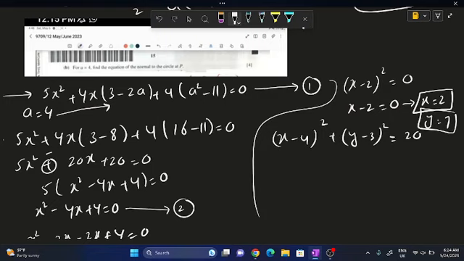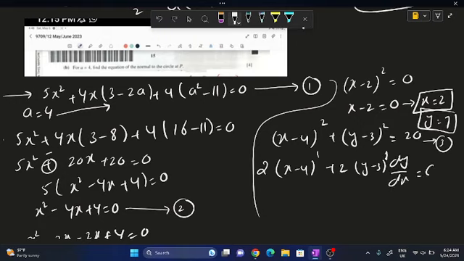So take the derivative of this whole equation, that is equation number 3, with respect to x. It gives you 2 times (x minus 4) plus 2 times (y minus 3) dy by dx, which is equal to 0, because the derivative of a constant term is also 0, so the derivative of 20 is 0.